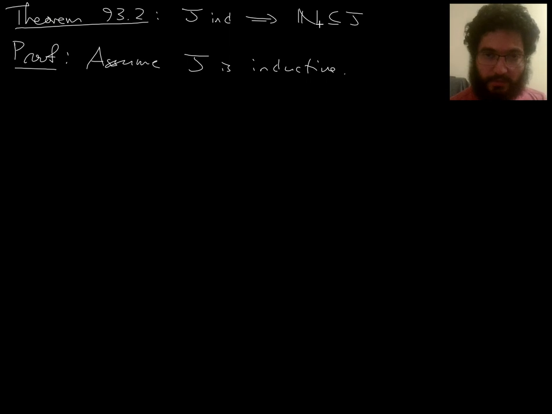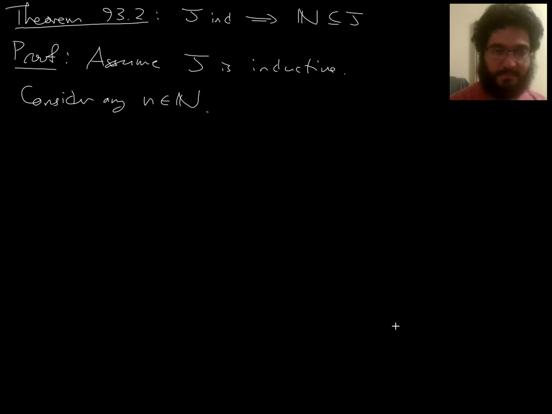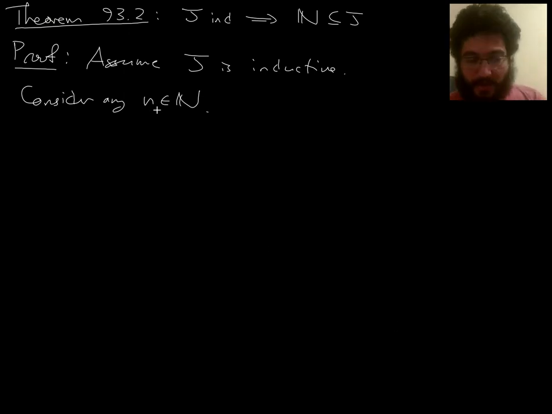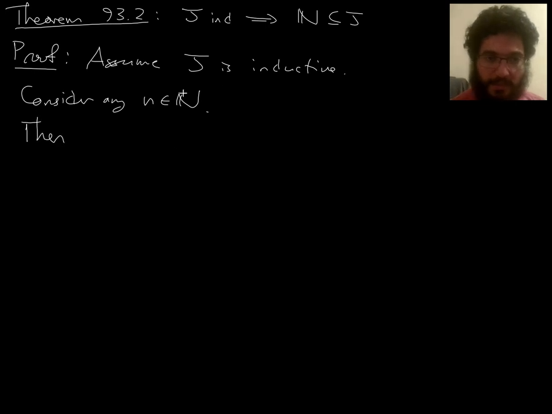Consider any, so now we're trying to prove this inclusion, right? So consider anything in the left side, consider anything in N. So consider any natural number, in other words. Okay, let's unpack what it means for it to be in there. My goal is to eventually prove that little n is in J. Then, using the definition of N, so let me just write it down so you can see it and stare at it.